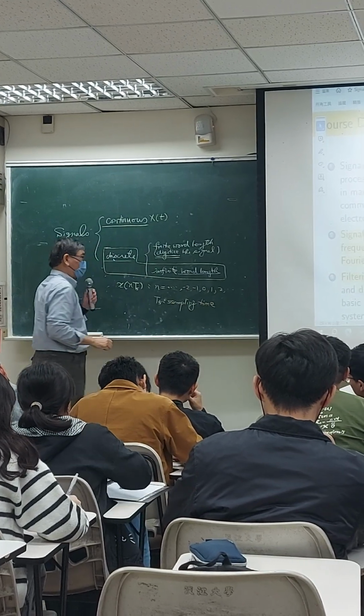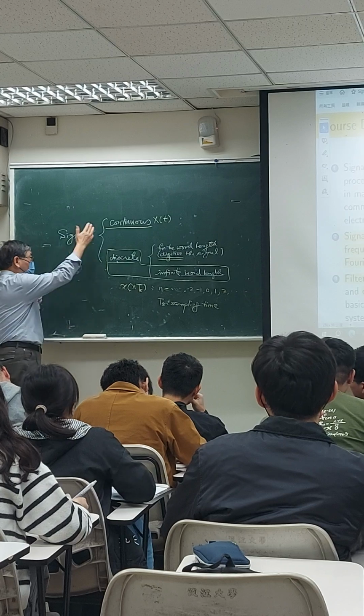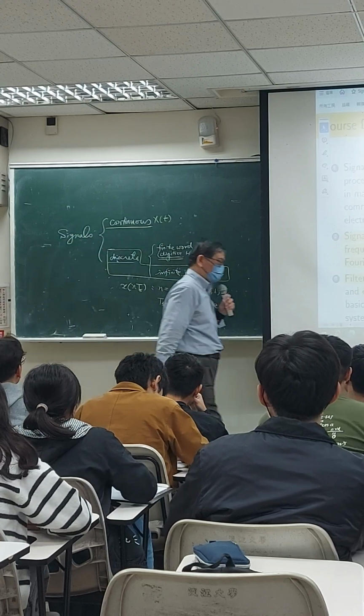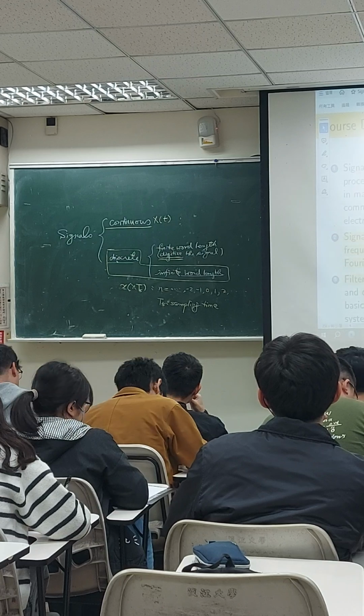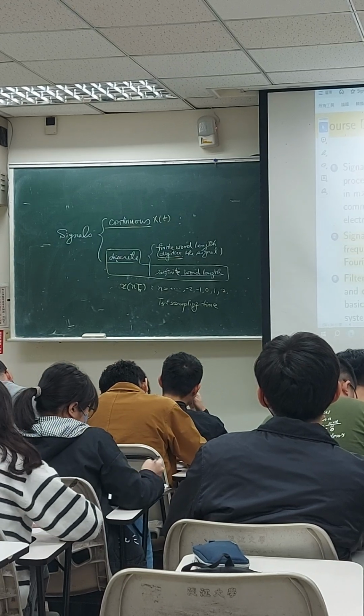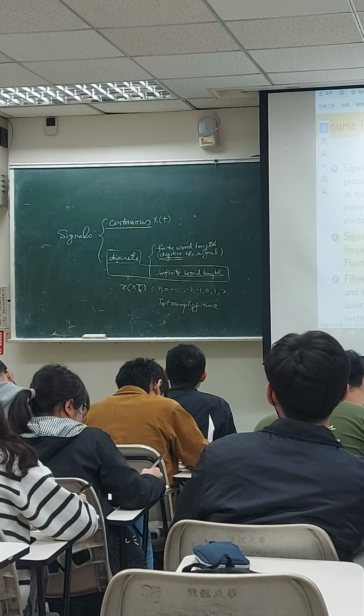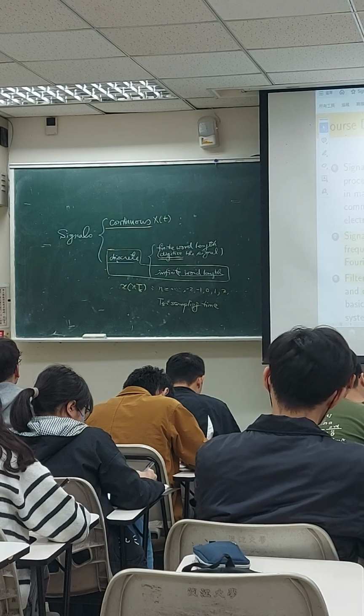Okay, we will see this in detail later on. So this is the signals we are going to consider. And basically all the systems in nature can be classified into the two categories, continuous or discrete.